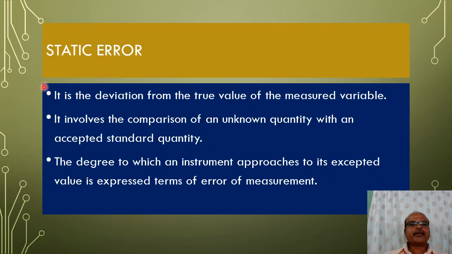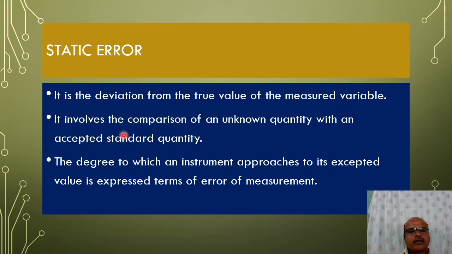Then next is static error. What is meant by static error? It is the deviation from the true value of the measured variable. In some equipment, standard values are specified. If there is an error, that is a deviation from the true value, then it is called a static error.